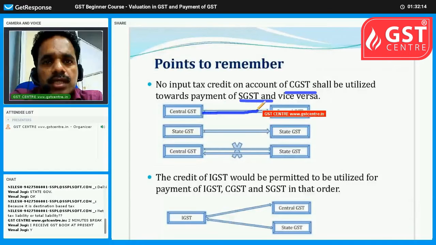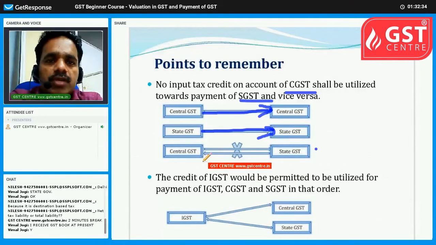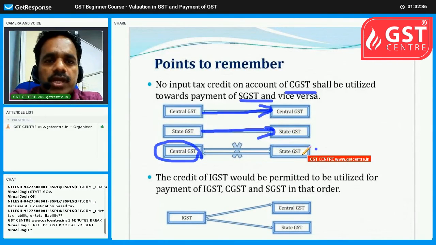That is, central GST credit can be used for payment of CGST liability. State GST credit can be used for state GST liability. The important point is that central GST input tax credit should not be used for discharging state GST liability, because central GST is for the central government and state GST is for the state government.